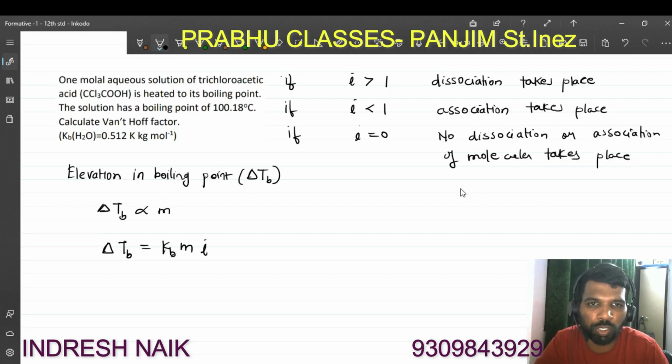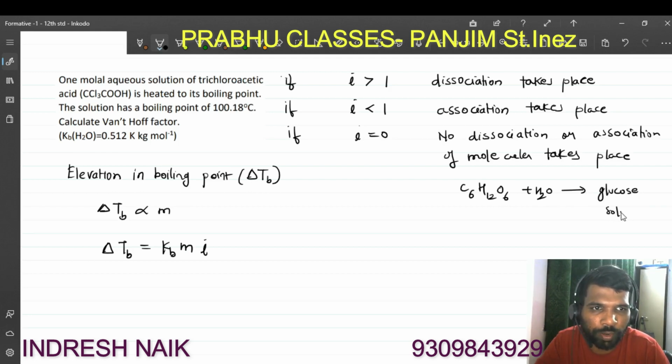Example, when you put glucose, C6H12O6, in water, you get a glucose solution. The atoms of glucose are not going to split. This is one particle, and when it is in the solution, there also it is one particle.